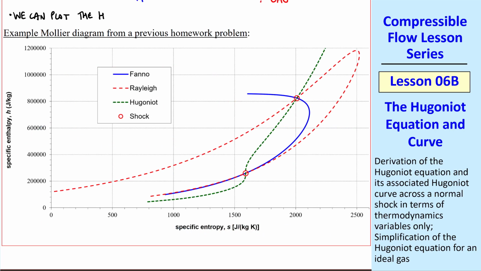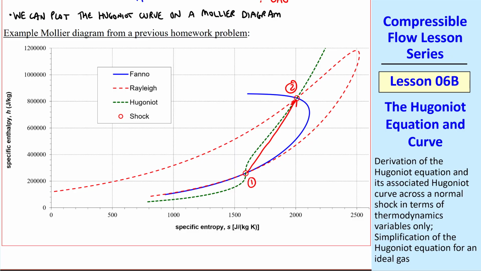Finally, we can plot the Hugoniot curve on a Mollier diagram, which, as you recall, is specific enthalpy H as a function of specific entropy S. And rather than trying to sketch this, I show an example from a previous homework problem where I pick some arbitrary point that I call 1, and the shock goes from 1 to 2, and as plotted previously, we have the Fano curve in blue, we have the Rayleigh curve in red, and as we see in our legend, the Hugoniot curve is this dashed green line, which turns out to be kind of a strange looking shape on a Mollier diagram.